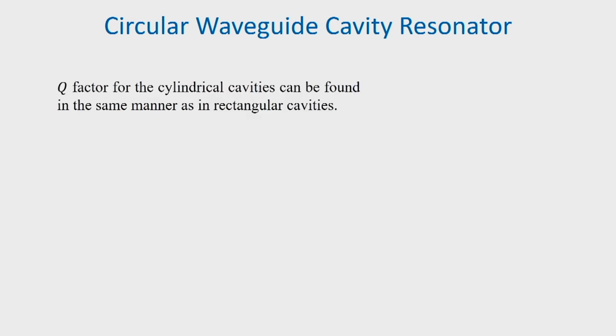The Q factor for the cylindrical cavities we can find out adopting the same procedure, considering first a lossless dielectric and the cavity walls being lossy, as in the rectangular cavities.